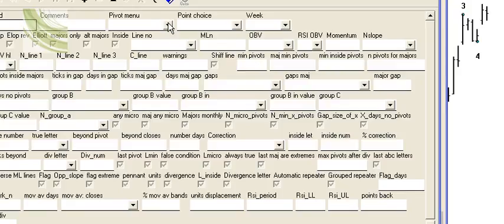When I was first into this, what I do now is a lot less complex. I just use some straightforward rules. What we did was we looked at micro pivots, mini pivots, and combining them, and then we would also look at what major pivots are.